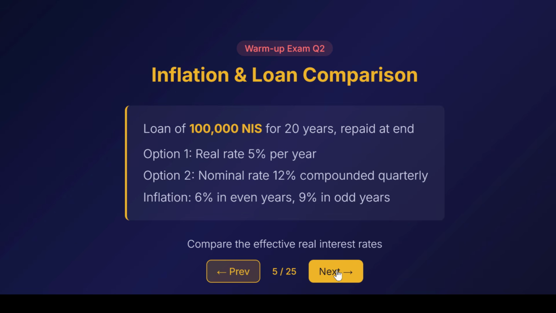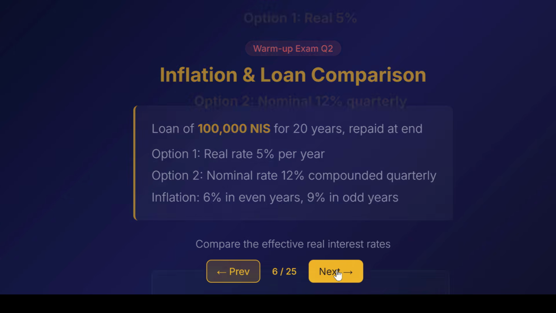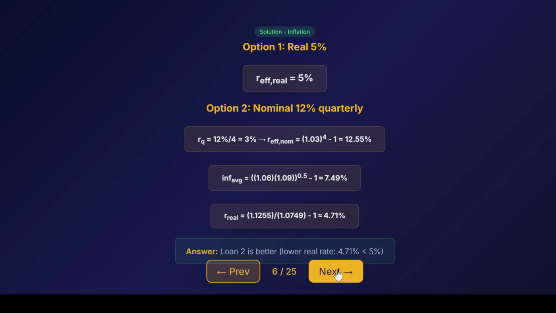The quarterly rate is 3%, making the effective annual nominal rate 12.55%. With an average annual inflation of 7.49%, the Fisher equation gives a real rate of 4.71%. Since 4.71 is less than 5, a borrower should prefer the second loan. Key insight. Always compare loans on the same basis, real effective rates.